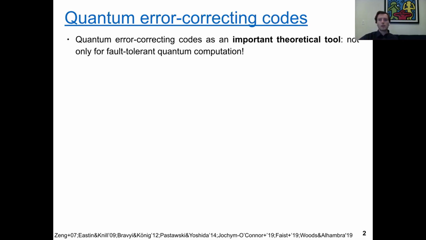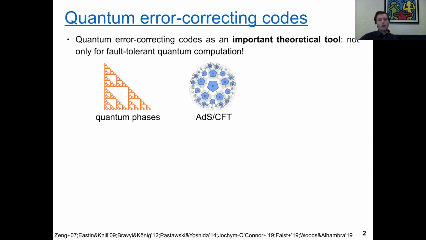This concept appears in many areas of physics, and one thing about which quantum error correcting codes can give us a lot of insight is quantum phases of matter. They provide toy models which exemplify a variety of phenomena we can see in 2 dimensions, in 3 dimensions. Quantum error correcting codes have been explored recently in these CFT.